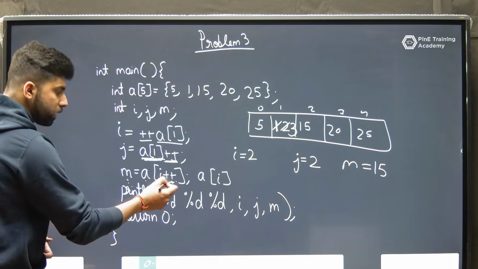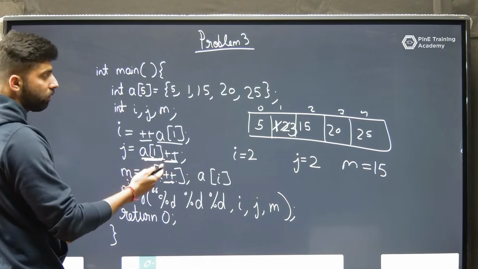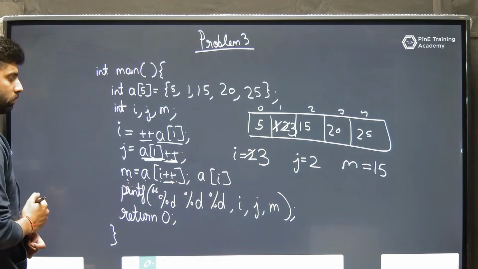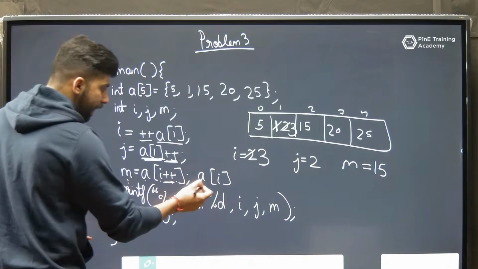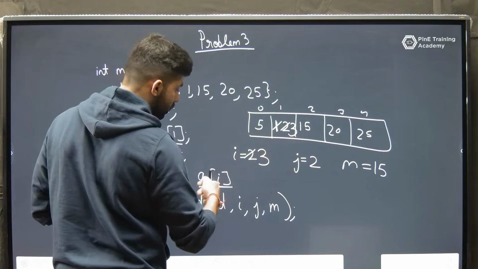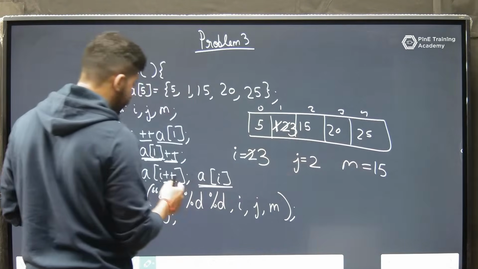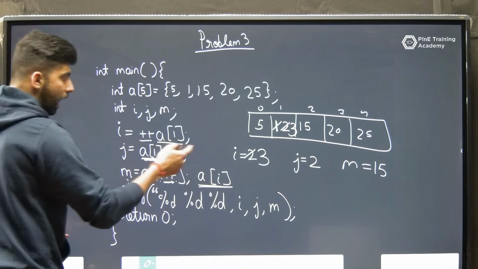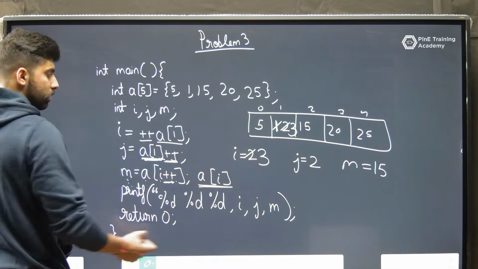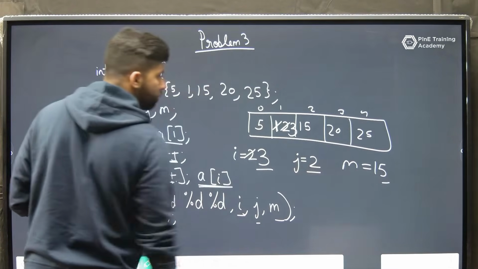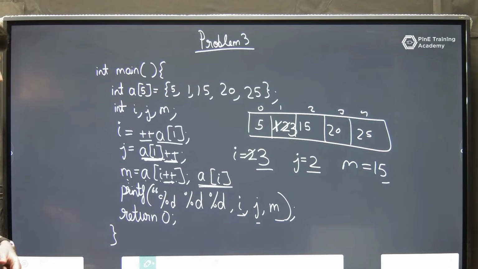And I had I plus plus, that means I will increment the value of I as well. So first array of I was resolved, which was 2, so I used array of 2, which was 15. Then I incremented I because I was using I plus plus. So I value becomes 3. So I, j, m will print 3, 2, and 15.